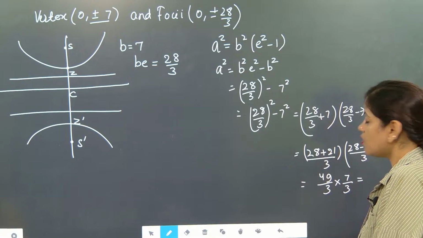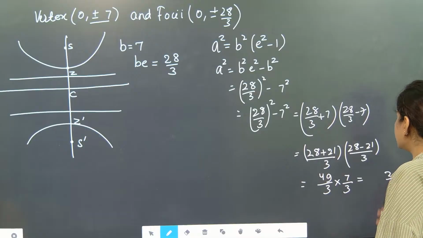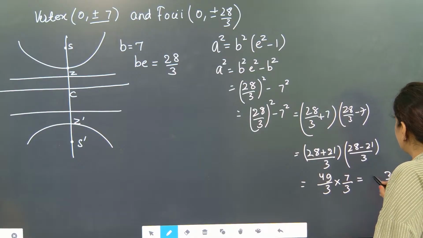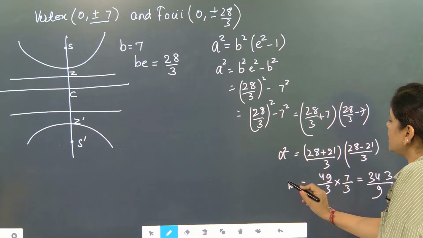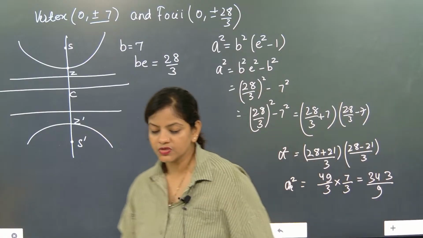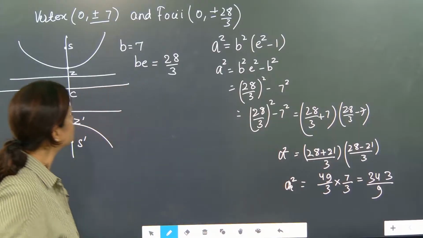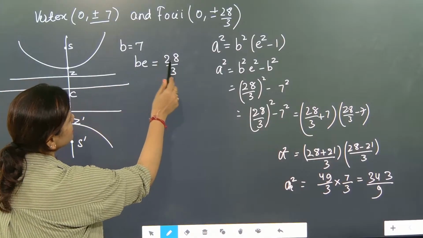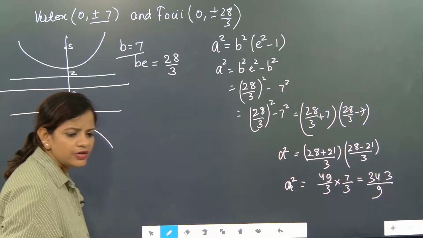How much is it coming in total? 7 9s are 63, 7 4s are 28, so it is 343 by 9. So A square is coming as 343 by 9. Now what is your B square? B is given as 7. So now we are going to write the equation.